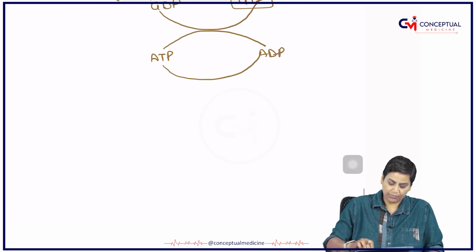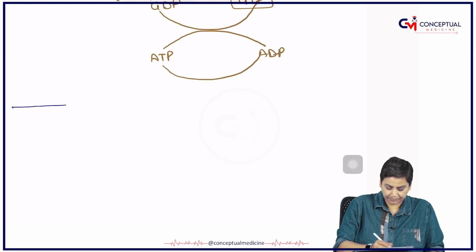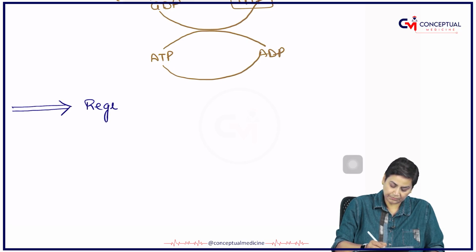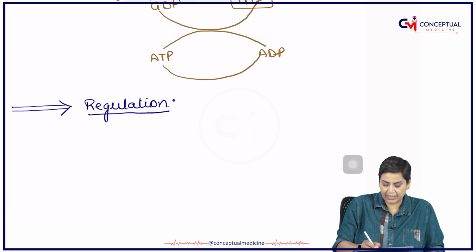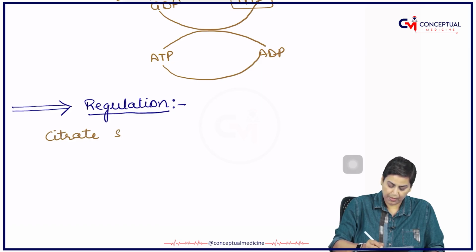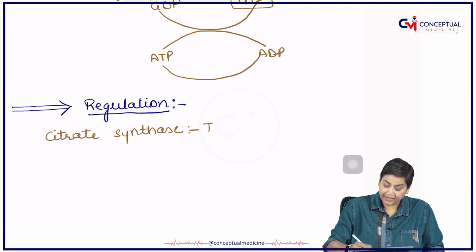Then second important point is regulation. Now if we talk about the regulation, we know that citrate synthase, the first enzyme, is catalyzing an irreversible reaction.